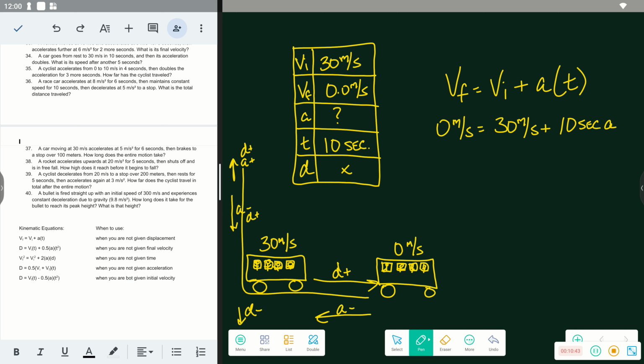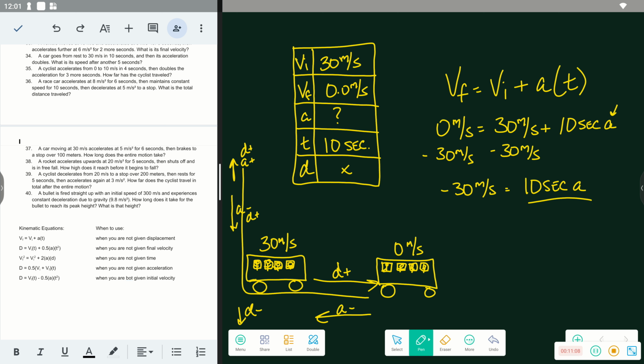Yes, that's right. All right, so what do we have to solve for? We have to solve for acceleration, right? So this is what we need to isolate. We need to isolate the A, so what do we have to do first? We have to subtract 30 meters per second from both sides. So negative 30 meters per second equals 10 seconds A. Okay? How do we isolate the A?